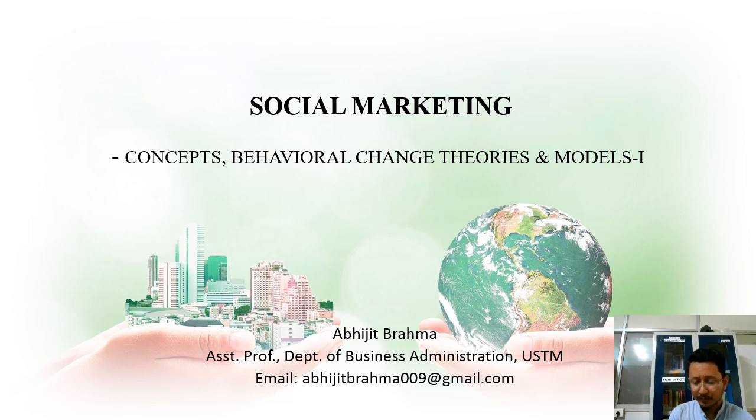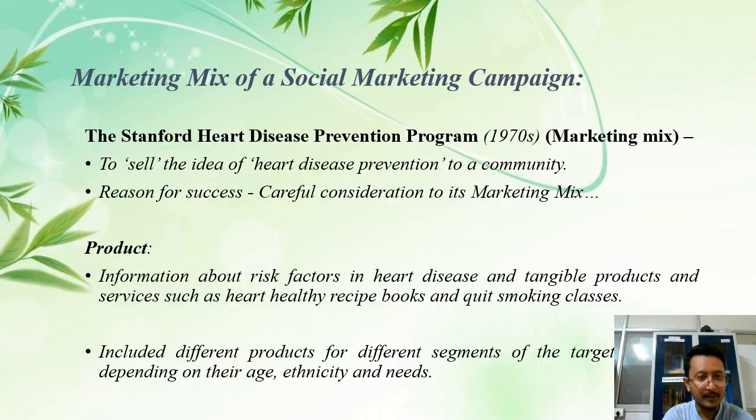Now, if you remember, we've discussed the four P's of social marketing, and how it differs from the four P's of commercial marketing. Now, just to understand it better, I've cited an example here.